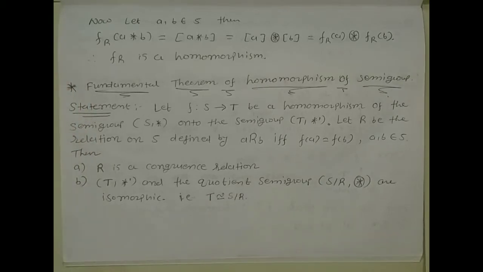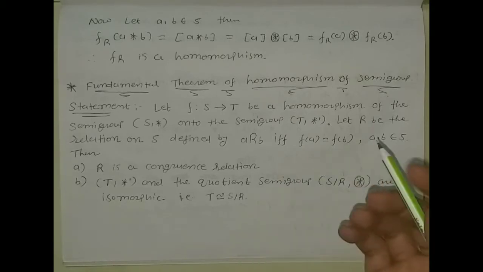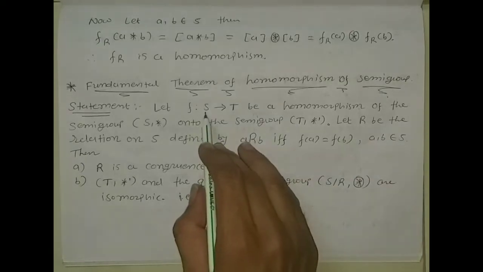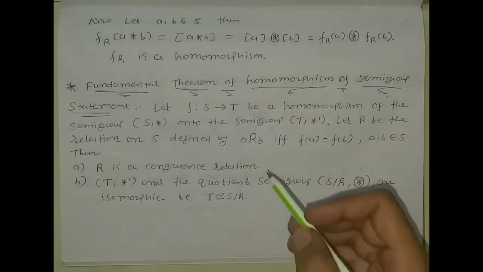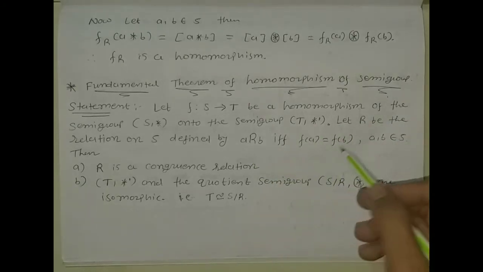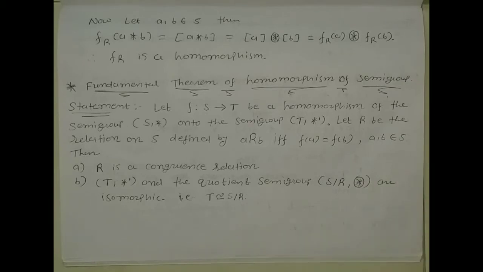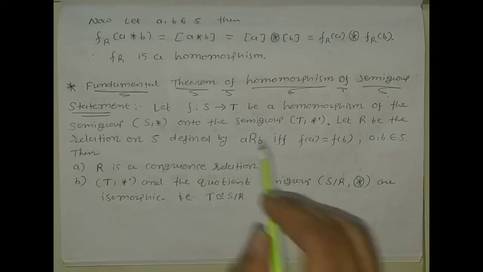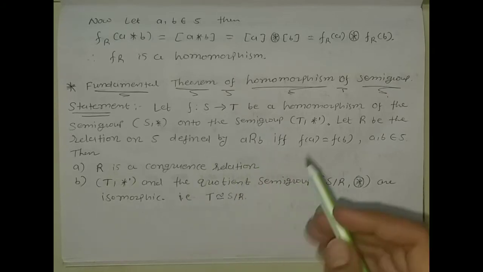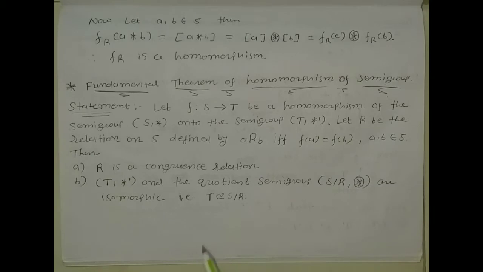So what is the statement? Let us revise it. f is an onto homomorphism from semigroup S to T. Then we have defined the relation R as A is related to B if and only if f of A is equal to f of B. Then the theorem says that this relation R is a congruence relation, and the semigroup T star dash and the quotient semigroup S quotient R are isomorphic.